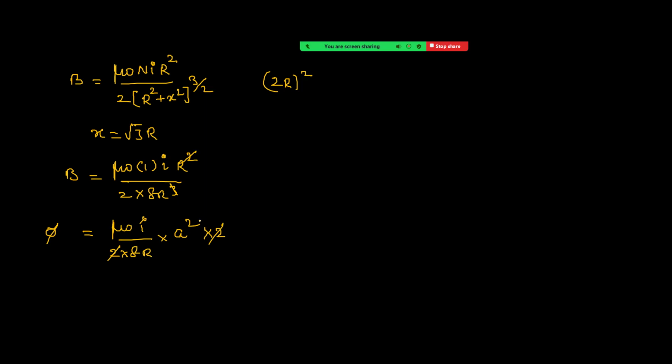You are also given the angle between the coil and the z-axis as 45°, so B·A = B A cos 45°, into 1 by √2.